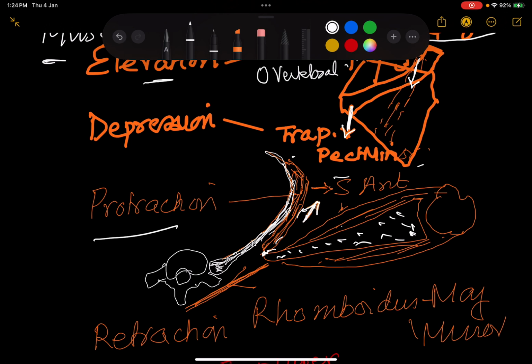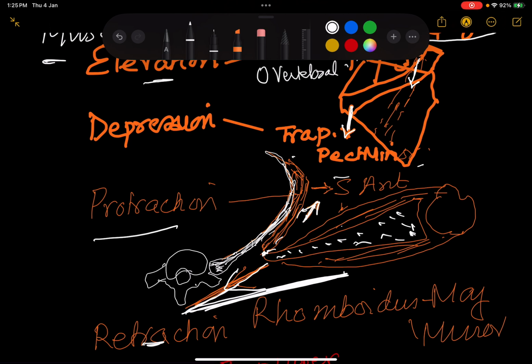Also attached to the medial border are the rhomboids major and minor, and they pull the protracted scapula backwards, which is called retraction. So protraction is produced by the serratus anterior and retraction is produced by the rhomboids major and minor, and the fibers of the trapezius that connect to the spine of the scapula. So this produces retraction.